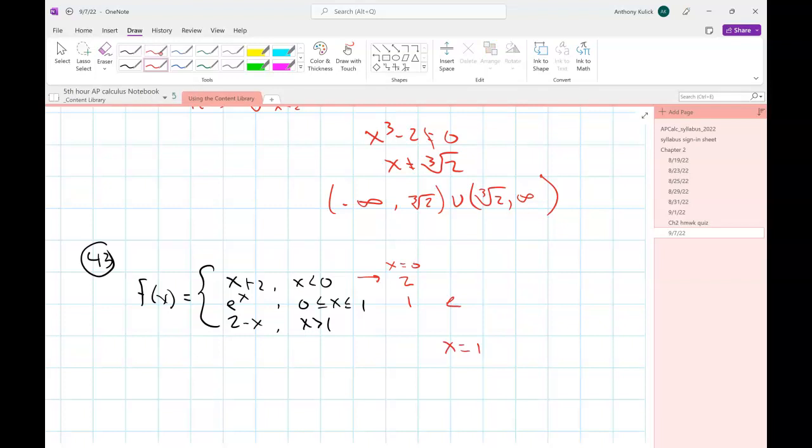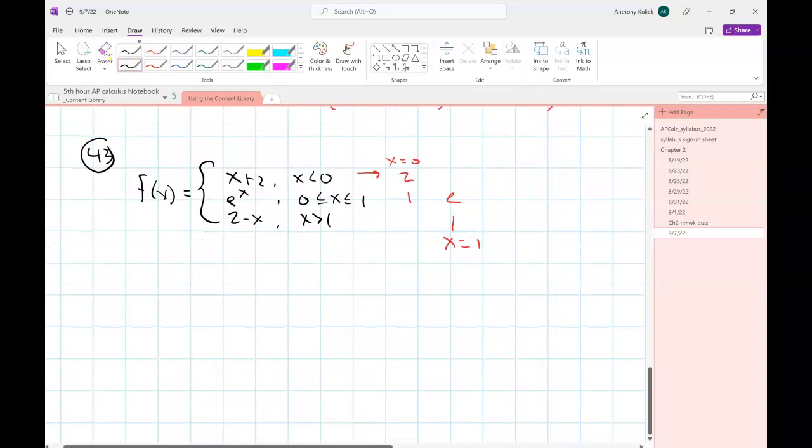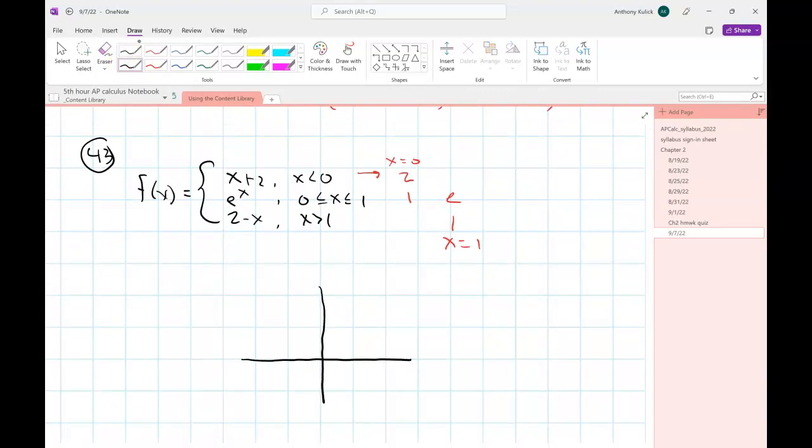If I plug 1 into the middle function, I get e. And when I plug 1 into the bottom function, I get 1. So that's also discontinuous at 1. And if I sketch the graph of this, I'm going to see that we have continuity at 0 from the right and at 1 from the left, but that's it. All right.